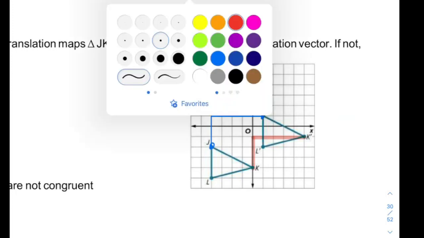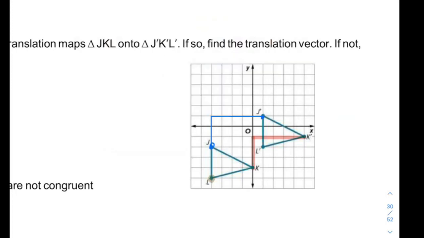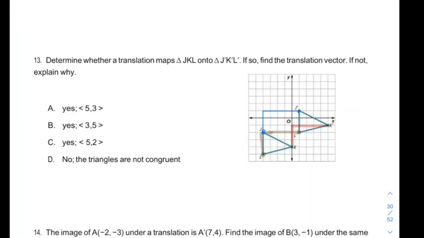If you check, L has been moved to L prime the same number of units, 3 up and 5 right. Since all points have been moved equally, that means we have kept the rigid motion, the triangle is congruent to the image, and that means yes, it's a translation.